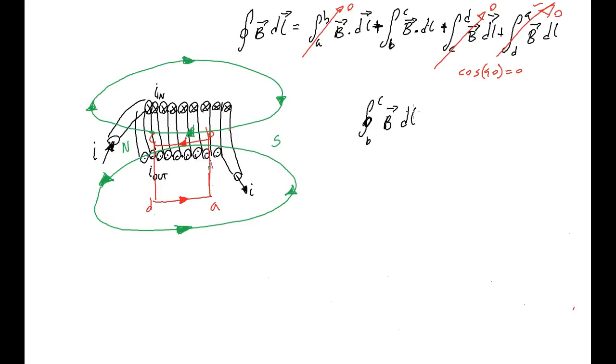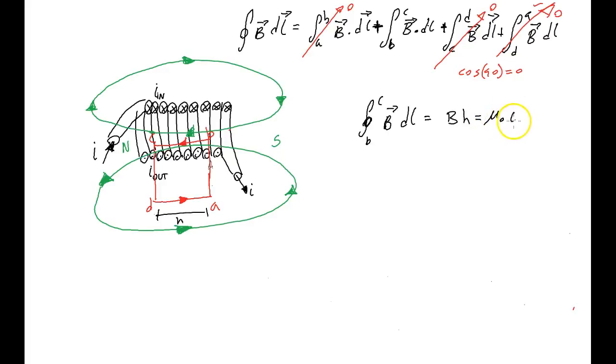So we just get B times this length, which we'll call H. And that's it. So all of that reduces to B times H, and that's equal to mu sub 0 times I enclosed.